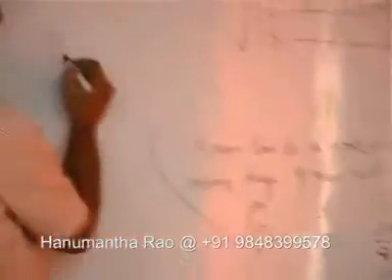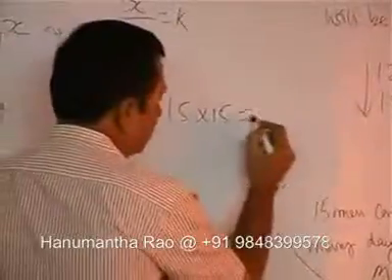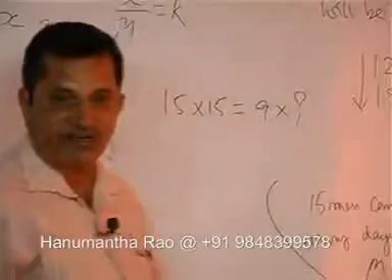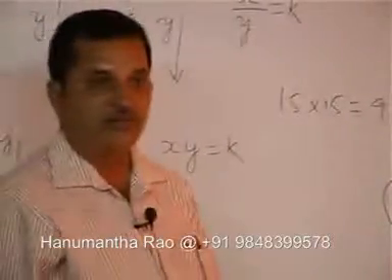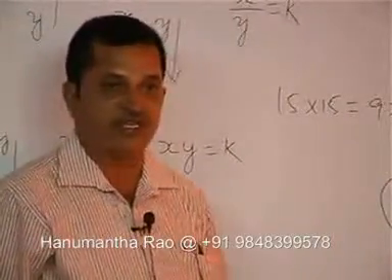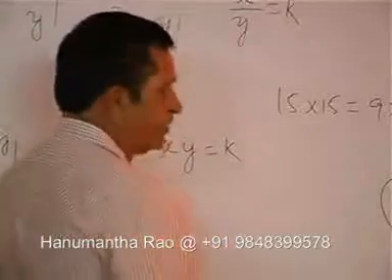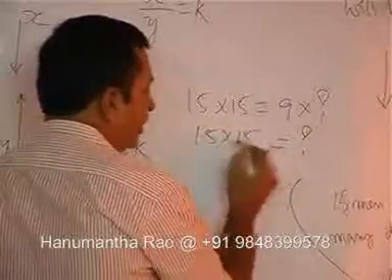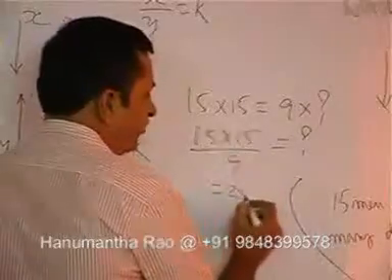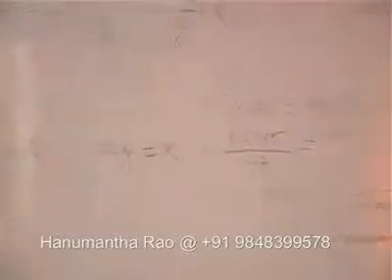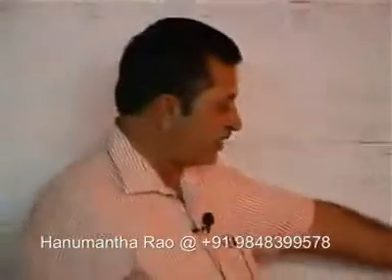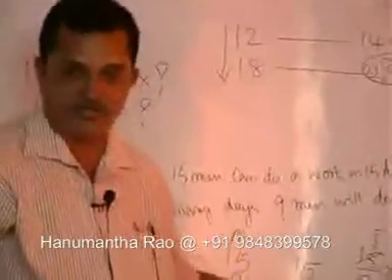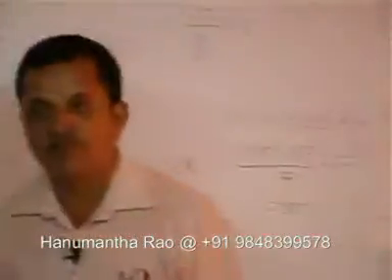Directly, 15 men 15 days work is equal to 9 men how many days work? 15 into 15 by 9, you will get 25. This is the model where as one value decreases, the other value increases. It is the same model.